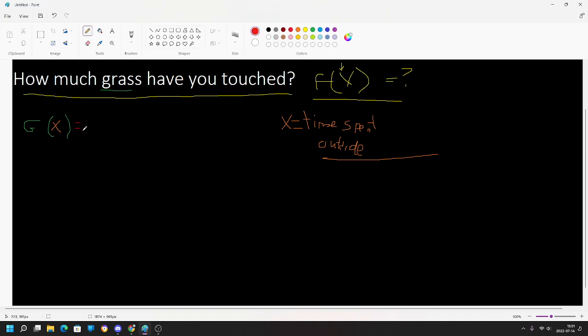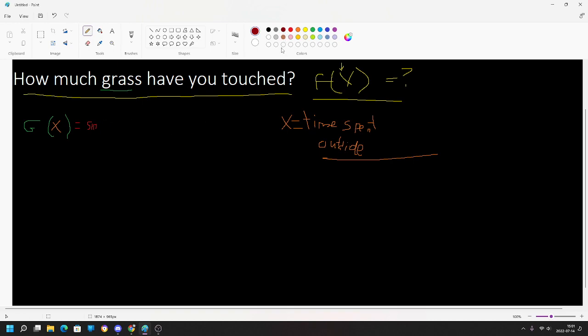Then we want to know how much you have sinned. So we obviously need the function of sin. You want your sin function there.